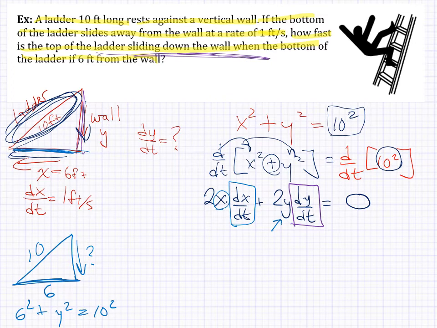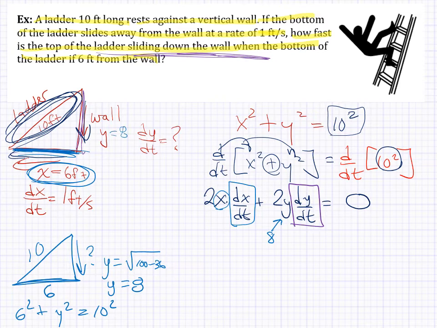And so you simply do that. It's 100 minus 36. So y equals the square root of 100 minus 36. Okay, and y would give you 8. So we do know y. At this particular point in time where x is 6, the distance away from the base of the wall is 6, this would have to be 8.